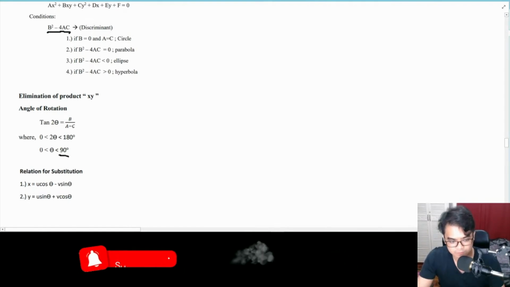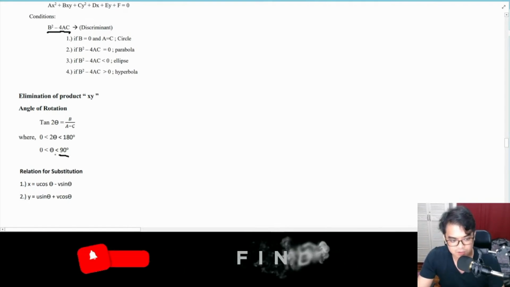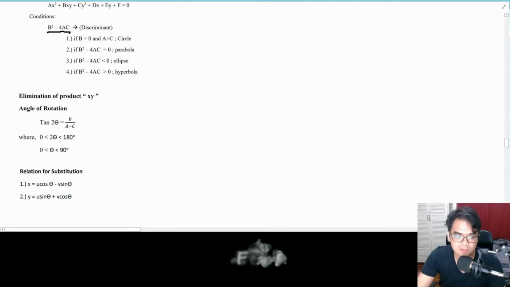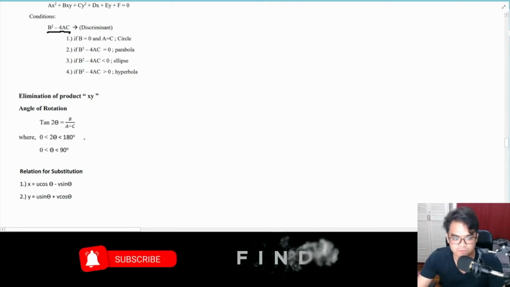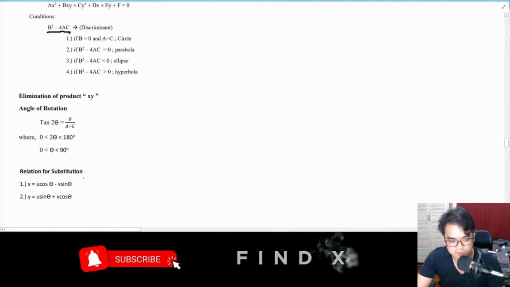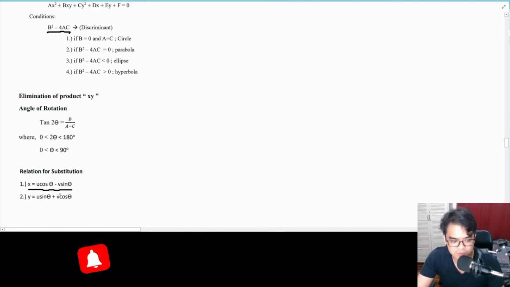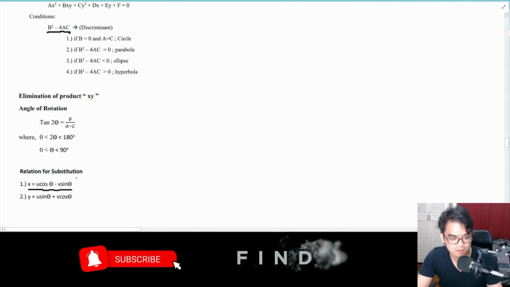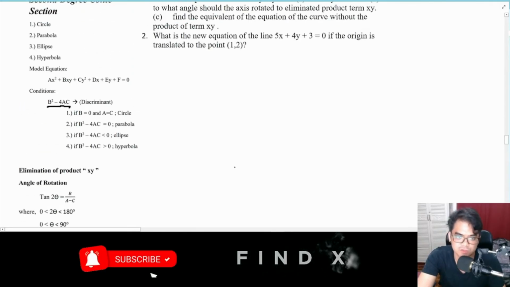And then the value of theta will be between 0 to 90. Okay? It cannot be 90 because the tangent of 90 is undefined. So relation for substitution, you'll have x is equal to u cosine theta minus v sine theta, and y will be equal to u sine theta plus v cosine theta after the rotation.